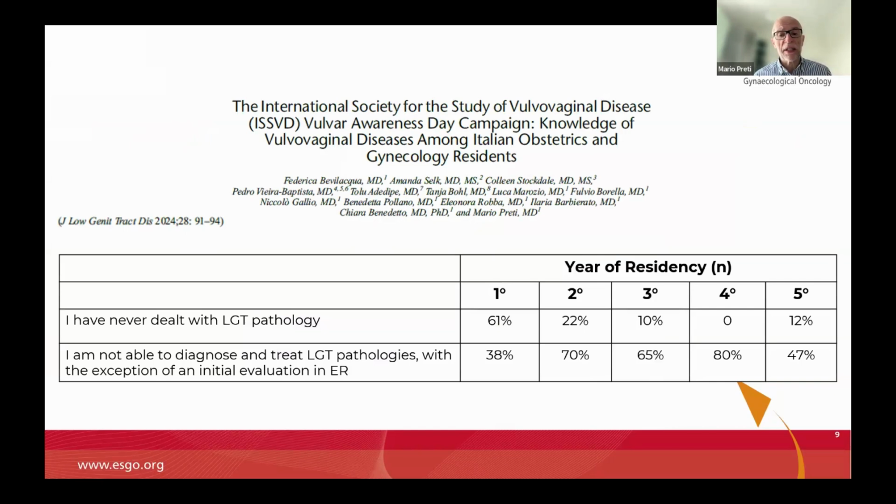Starting from the residents, a study of last year in Italy showed that at the 5th year of residency, 12% of residents have never dealt with lower genital tract pathology, but most of all, almost half of them were not able to diagnose and treat lower genital tract pathologies, with the exception of initial evaluation in the ER. So, sad news.